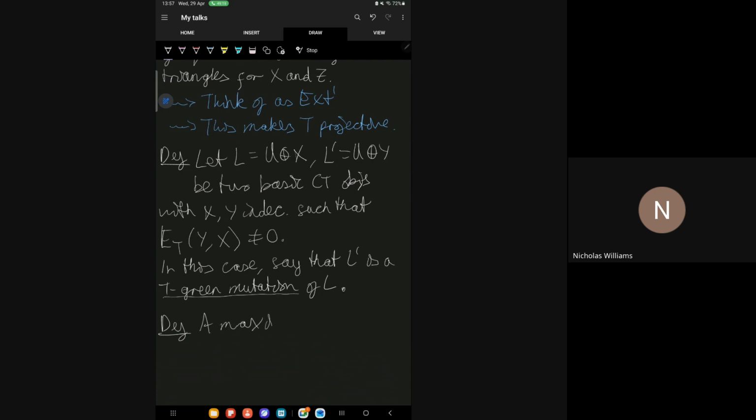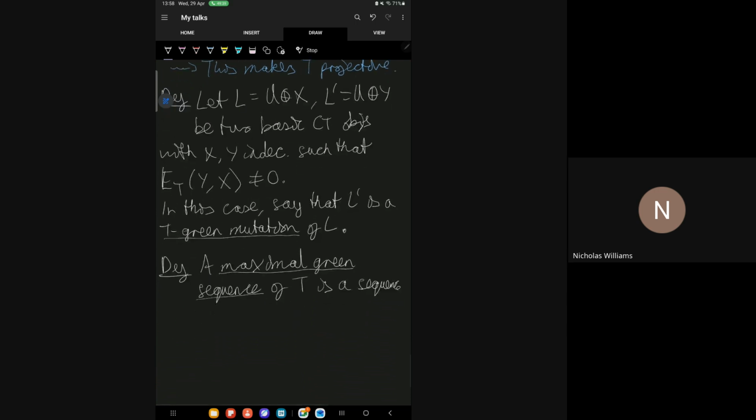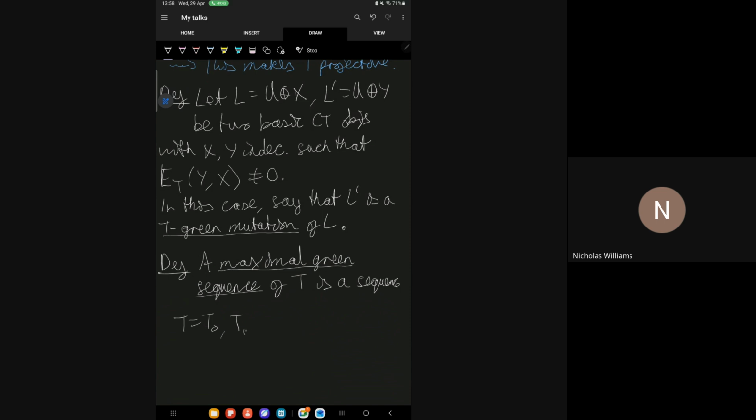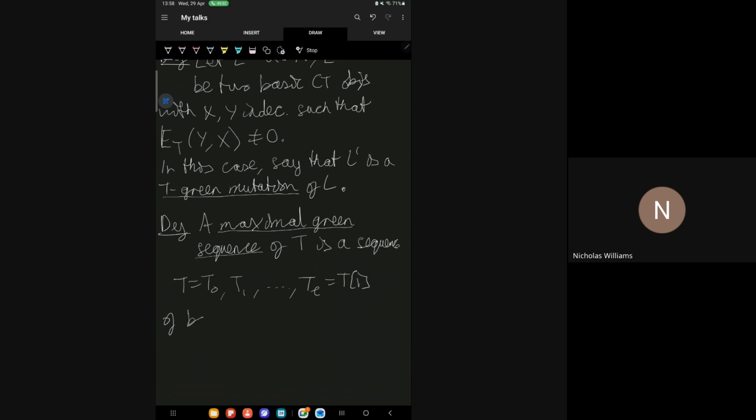A maximal green sequence of T, which you could also call a maximal green sequence of End(T), but I find it most convenient to think just in terms of T, is a sequence T equals T_0, T_1, up to T_l equal to the shift of T of basic cluster tilting objects such that for each i, T_i is a T-green mutation of T_{i-1}.